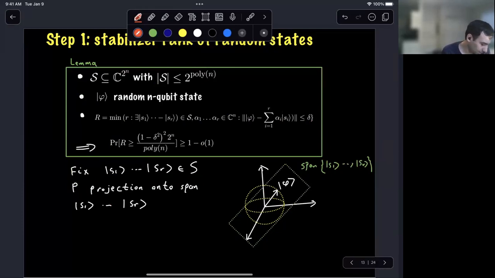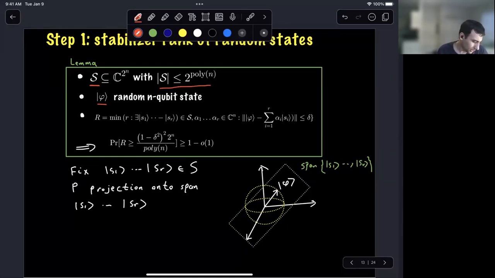If I consider some arbitrary subset of n-qubit states, and the only thing that I know about this arbitrary subset is that the size of the subset is bounded by 2 to the some polynomial in n, and I have some random state sampled from the Haar measure, and this Haar measure means that you sample uniformly from the unit sphere.